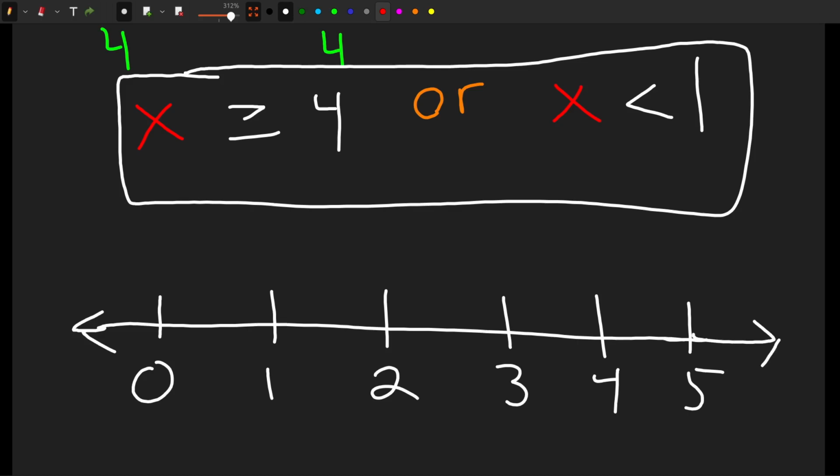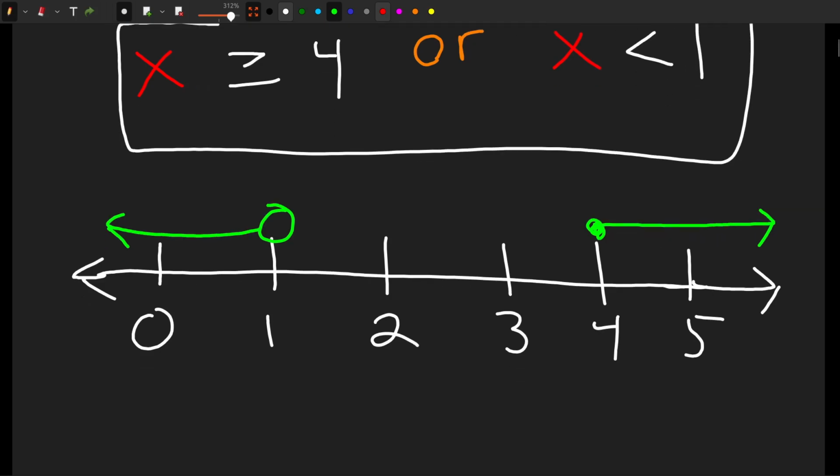Our first statement says that x is greater than or equal to 4. And so that means we have a closed dot and we're going out into positive infinity. And then the other one is x is less than 1, which means we have an open dot and we're going to negative infinity. That's another way to represent our solution.